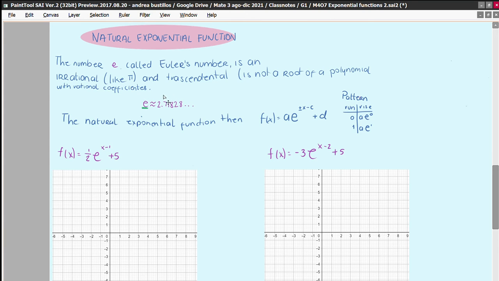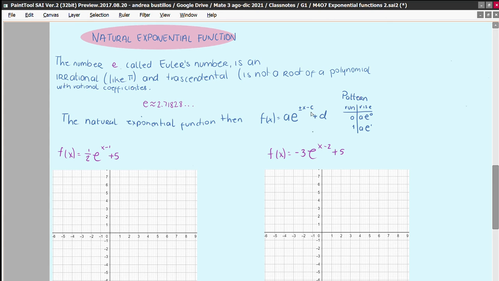And because e is just a number, that means we can use it as a base for an exponential function. That is, this is the natural exponential function. A leading coefficient times e with a horizontal displacement with an exponent either positive or negative, and an independent term added at the end.